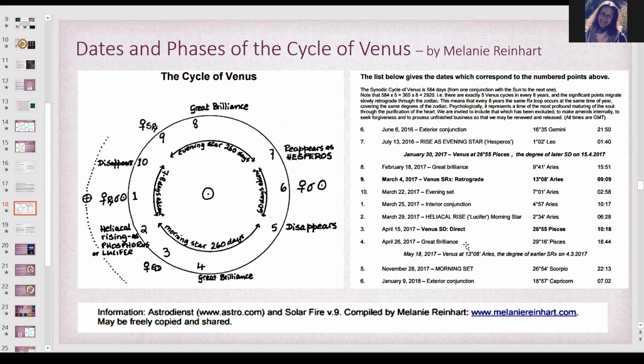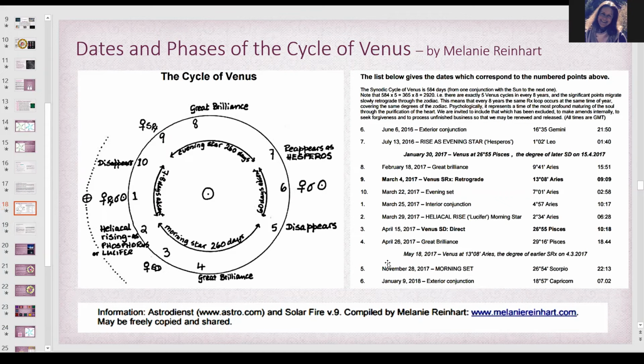And on April the 26th, she reaches her greatest brilliance. On May 18, 2017, Venus at 13 Aries, the degree of the earlier stationary retrograde on the 4th of March. On November 28th is the morning set, and on January 9th, 2018 is the exterior conjunction, where she becomes the evening star again.